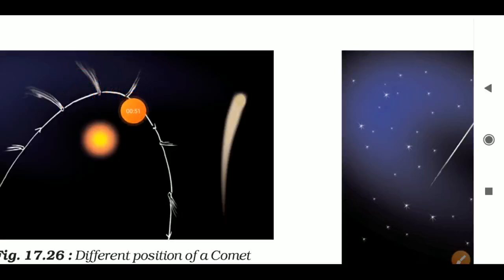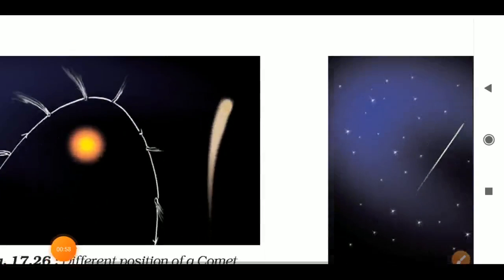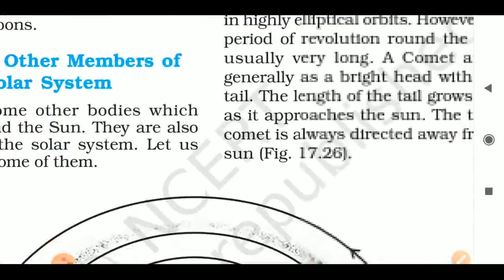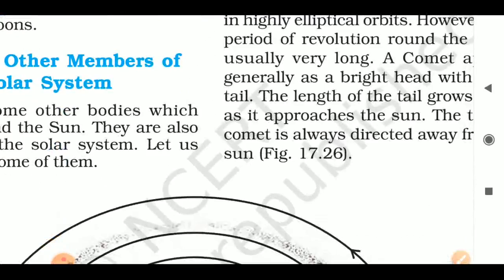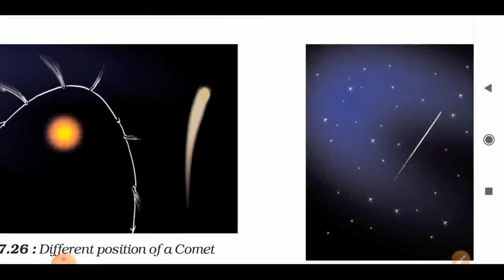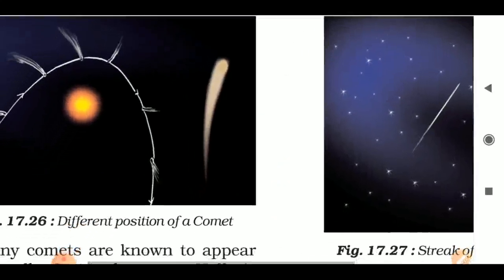When it reaches here, its tail is directed away from the sun, and so on. So it has a bright tail.